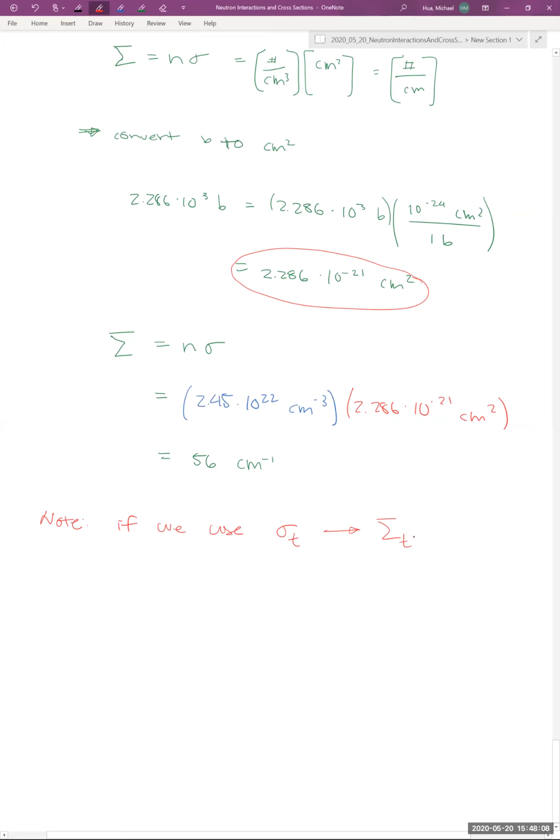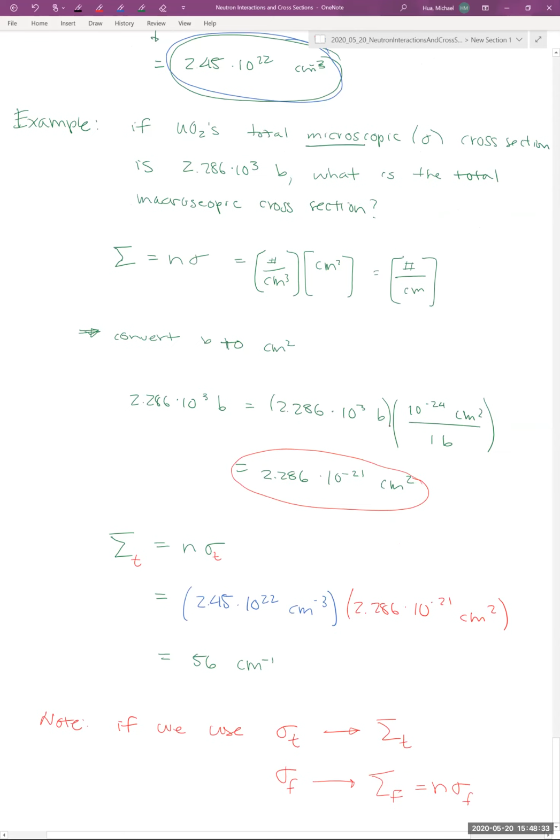If instead we wanted to look at a particular interaction, such as fission, so if you look at the microscopic fission cross-section, then if we do the same calculation, we're going to get the fission macroscopic cross-section. So keeping subscripts in order. Above, I was using T because that's what the example said.